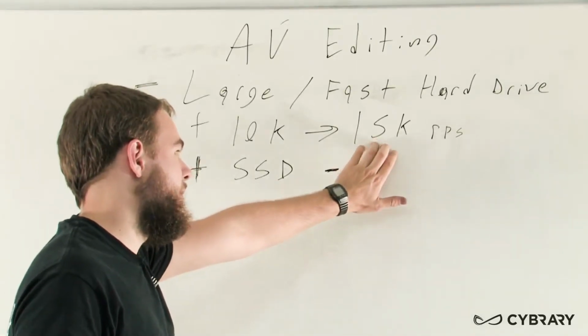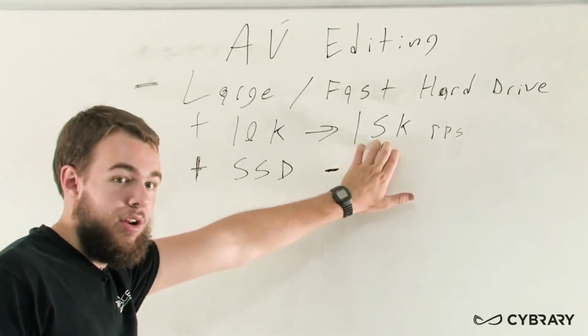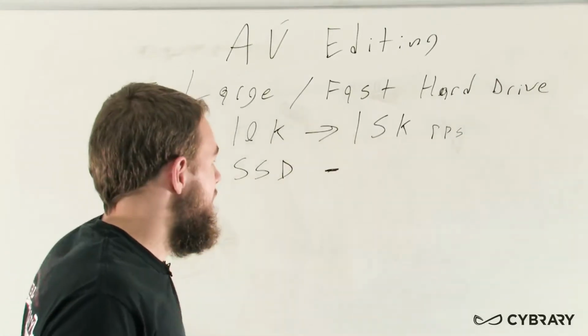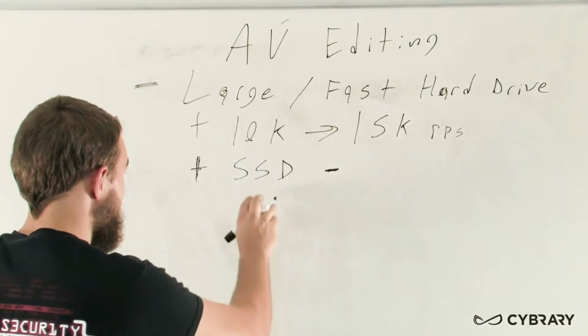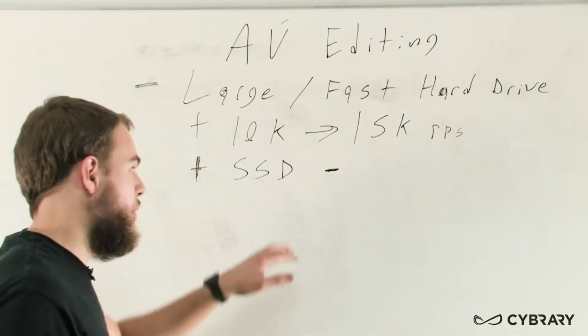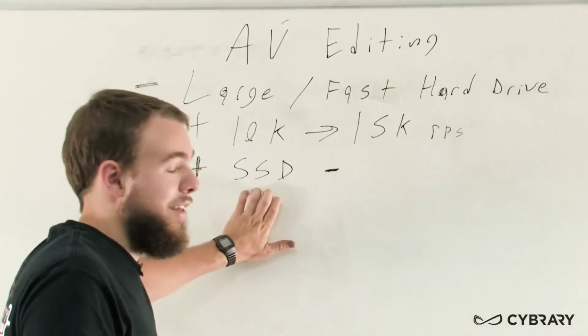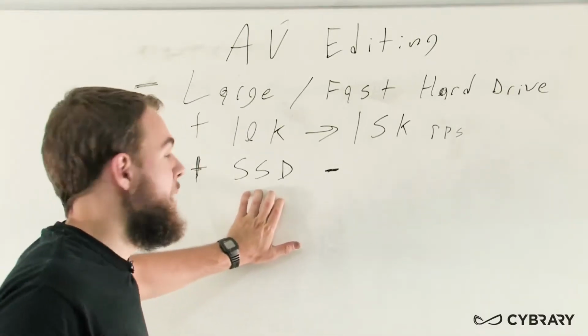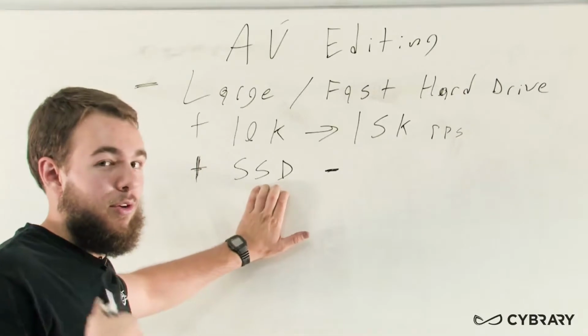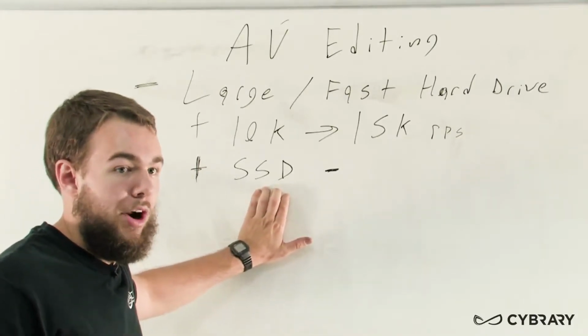A 1 terabyte, 15,000 rotation per second internal hard drive would be massively reduced in price compared to a 1 terabyte solid state drive. So when we're talking about solid state drives, we're not so much talking about using these for our large storage volume as we are talking about using these for loading our operating system and our programs from.